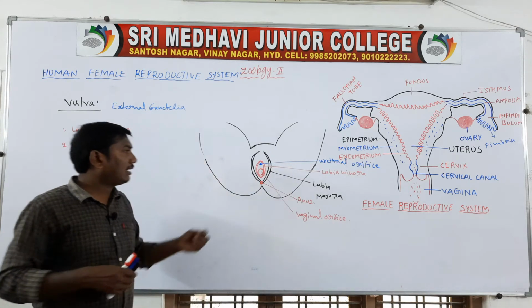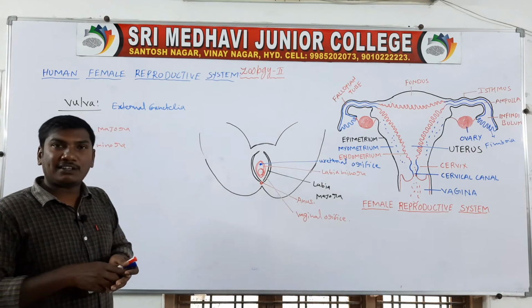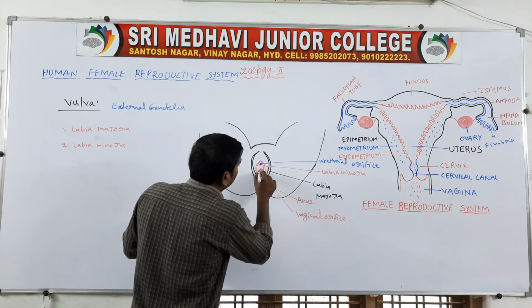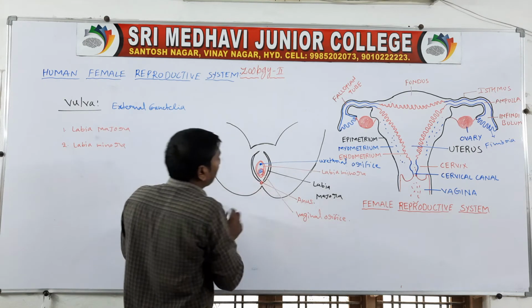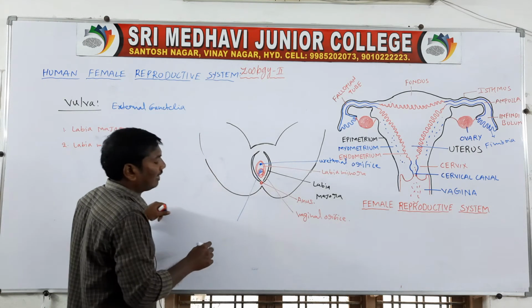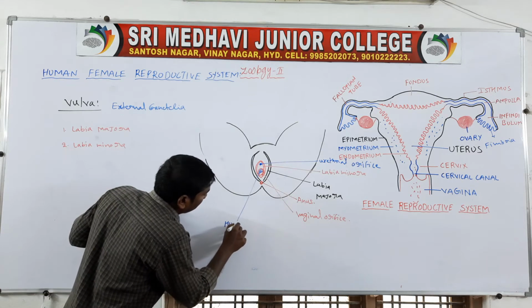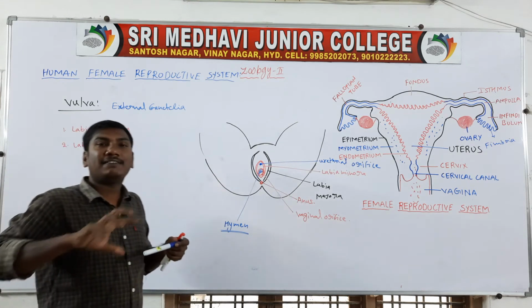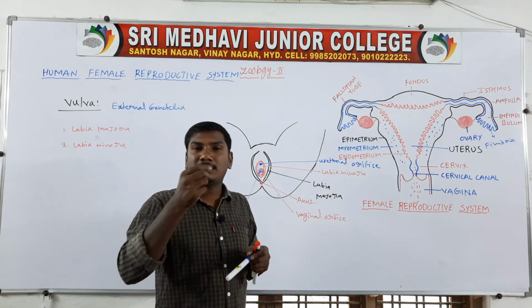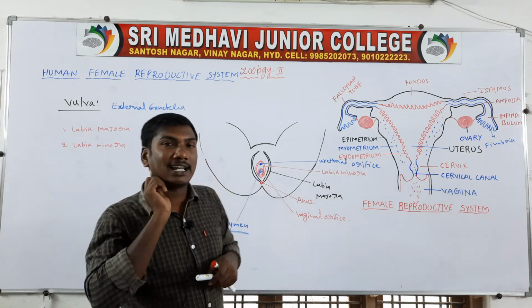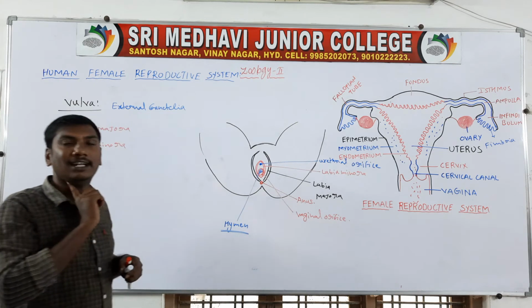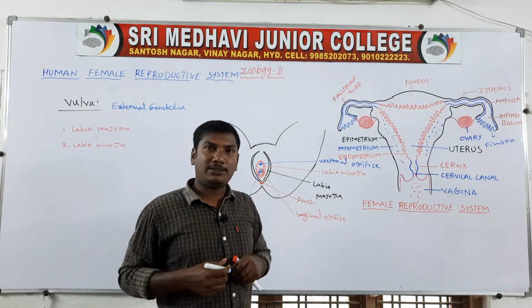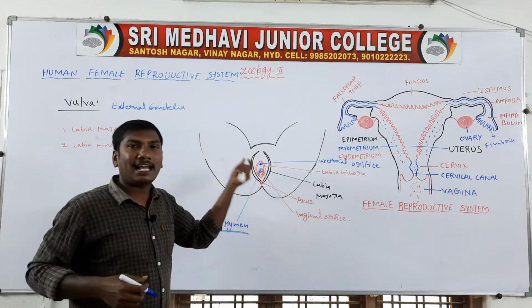Next, this vaginal orifice is partially covered by a thin membrane called the hymen. Females identify virginity by this hymen layer.